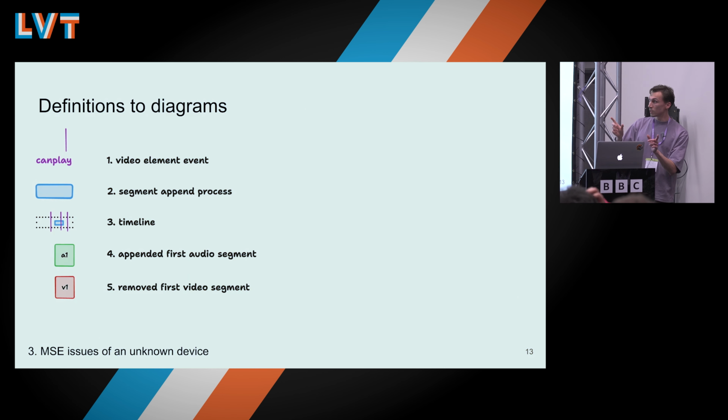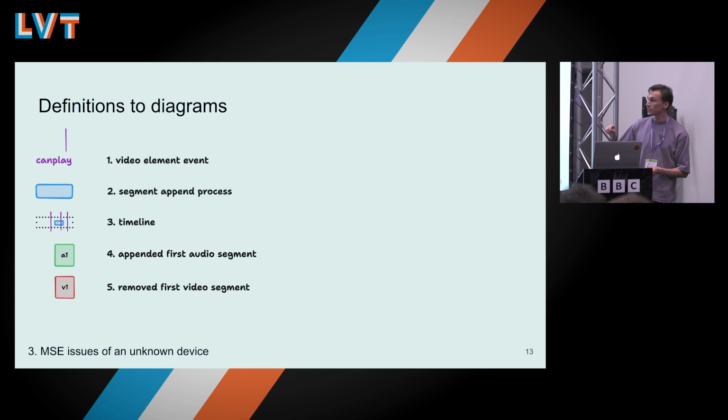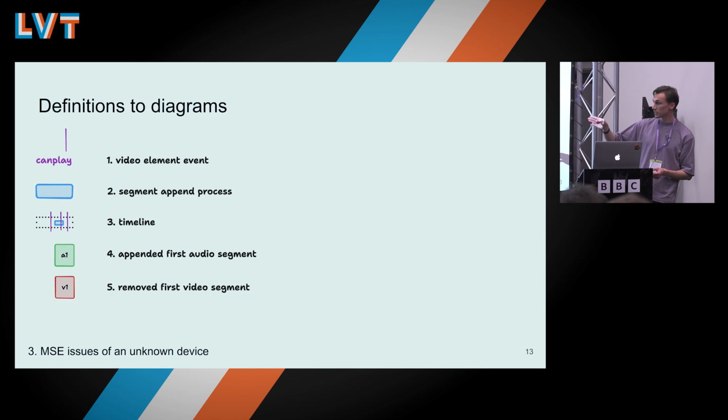The timeline will include multiple segments and processes and different video element events. At the bottom of each slide, you will see an appended audio segment as a green small rectangle, and if it's removed, you will see a red one.